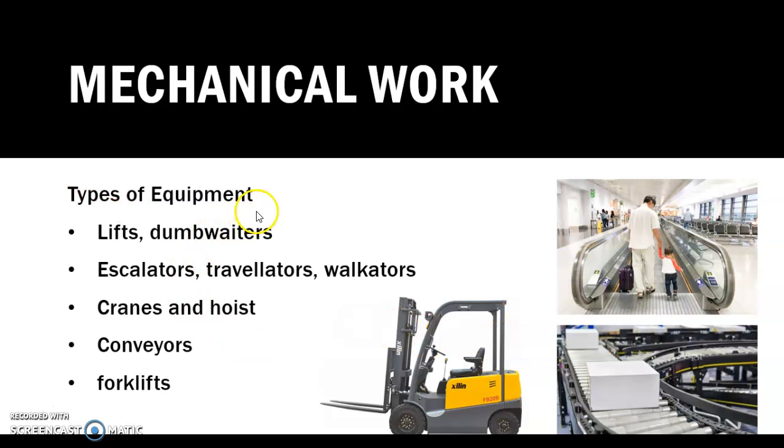So what are the types of mechanical equipment? This includes common ones: lifts, dumb waiters. What is dumb waiters? Please check this here. Escalators, travelators, wall cutters, for example this one, cranes and hoists, forklifts, conveyors. This one is usually found in factories.